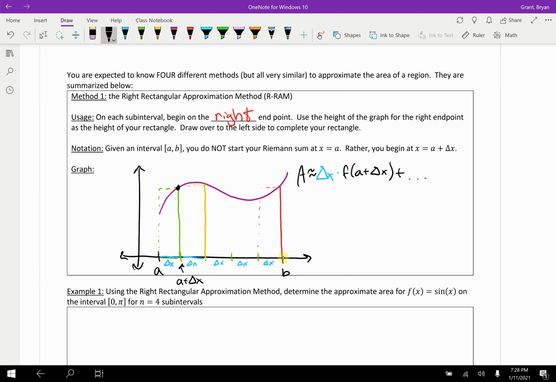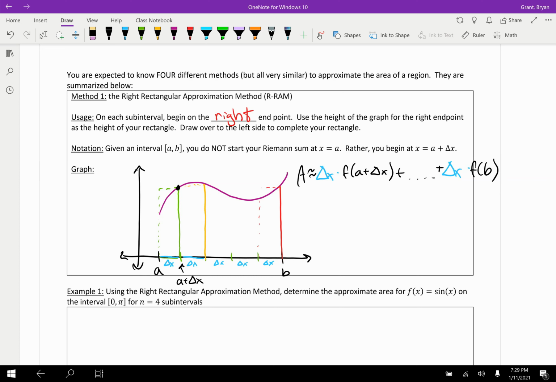You're going to add up all of the areas of our rectangles, ending with what? Well, we need to end with delta x, a base, times what's the last height of my rectangle? Oh, that's over here. The last height of my rectangle is dictated by b, so it's times f of b. So you'll notice that we never used the left endpoint in our Riemann sum for a right rectangular approximation.